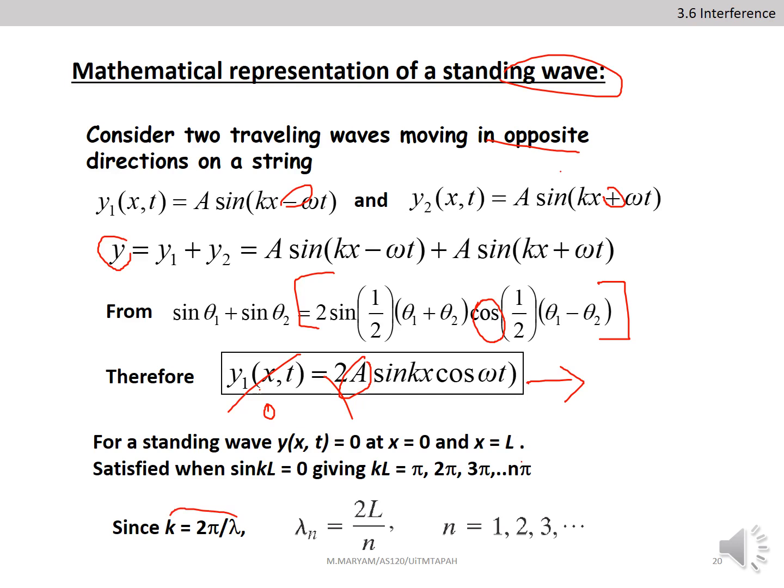Since we know that k equals 2 pi over lambda, from the previous chapter we know that lambda n equals 2L divided by n, where n is the integer 1, 2, 3, and so on. So remember, this is the equation of the standing wave.